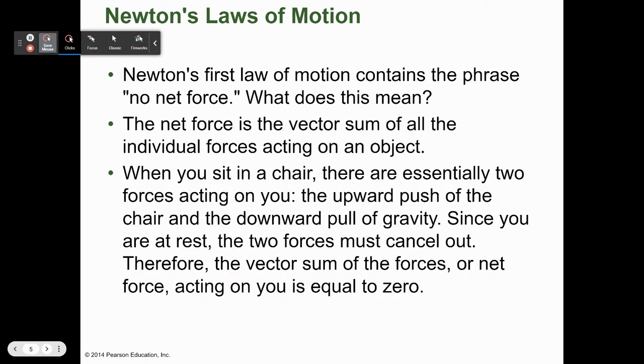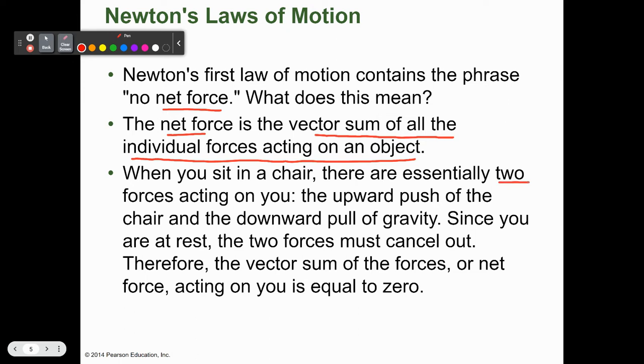All right, so Newton's first law contains that phrase, no net force. So we need to understand what a net force is. Net force is just the sum of all the vectors of all the individual forces acting on that object. For example, you sit down in a chair. There are two forces acting on you, the upward push of the chair and the downward pull of gravity.